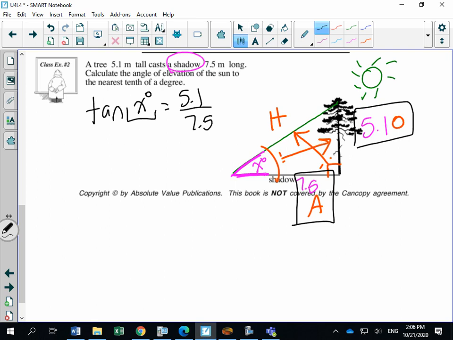For a word problem like this, 3 marks. Second mark is for saying the inverse tan. In a bracket, you always put the ratio, and it should be inverse tan of 5.1 over 7.5 is equal to.